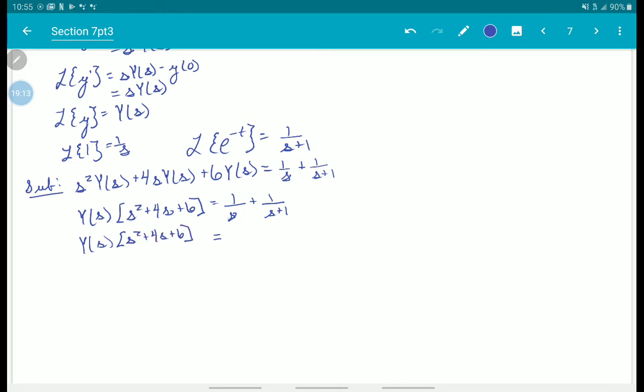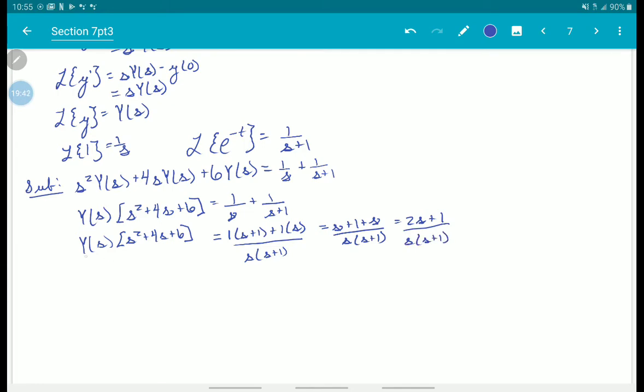So if we were to combine these two fractions, we need to multiply that first one by s plus 1 and the second one by s. So that's going to give us s plus 1 plus s over s times s plus 1, which is going to give us 2s plus 1 over s times s plus 1.